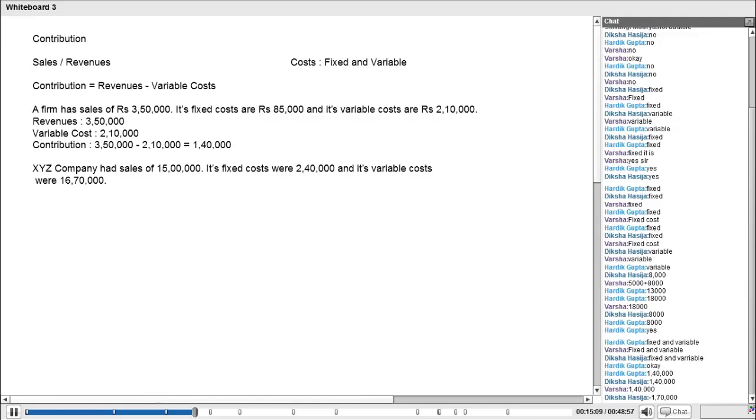So contribution can be both positive and negative. In this case, contribution is negative, and we call it a negative contribution of rupees 1,70,000. So is that clear? Contribution can be both positive and negative. Any questions? Okay. Good. Let's move on to the next example.